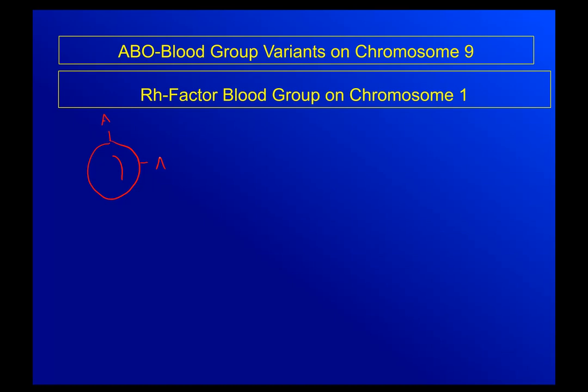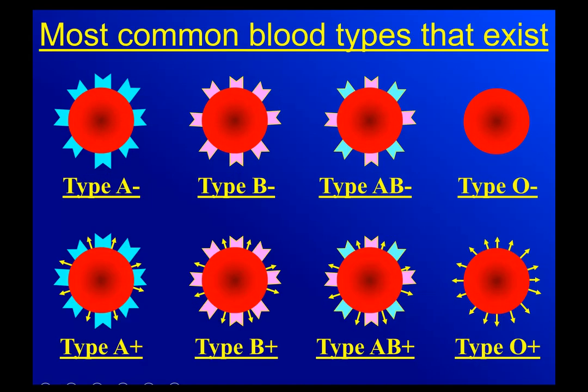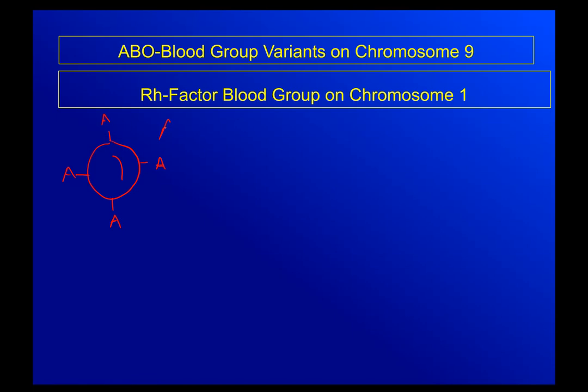A. If this is all you see, you just see the A antigen and nothing else, this is going to be blood type A negative. Because I only have A, you don't see Rh.